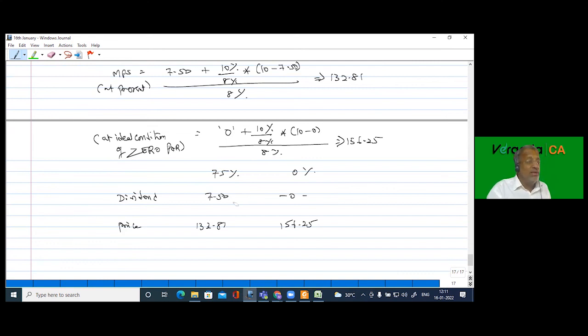So ignoring time value of money is only for advantage. So it is 140.31 here, and here it is 156.25. By taking up time value of money, this figure will be much lower. I am just taking a little higher figure. Comparing between the two, wealth is more by following zero payout.